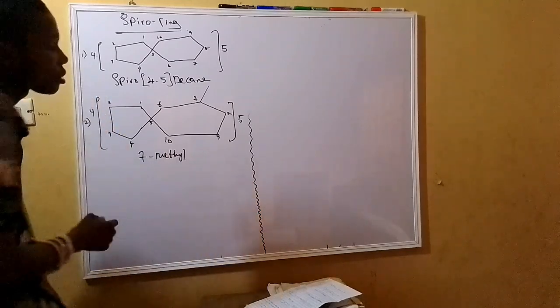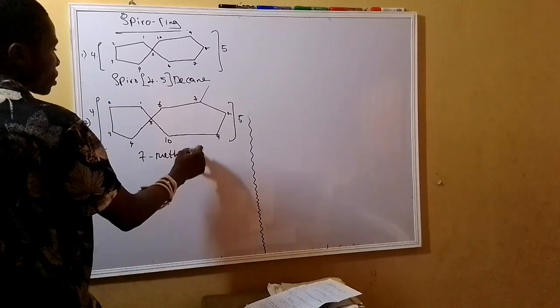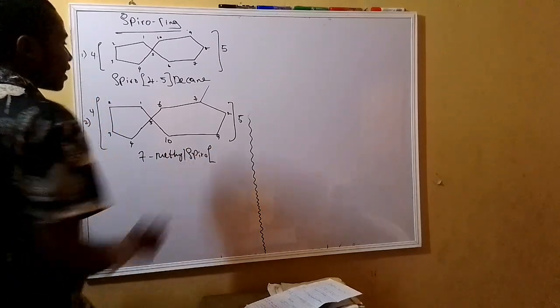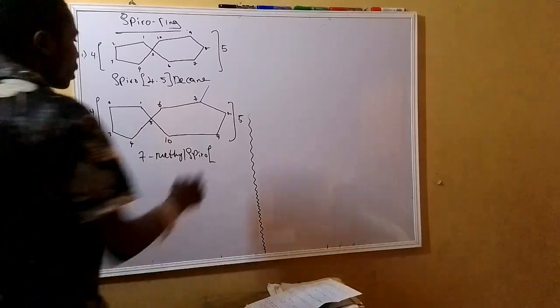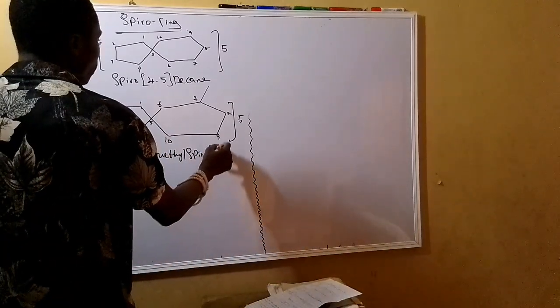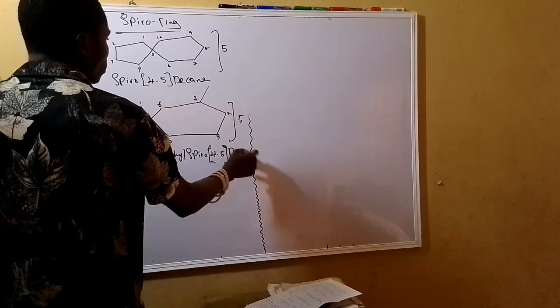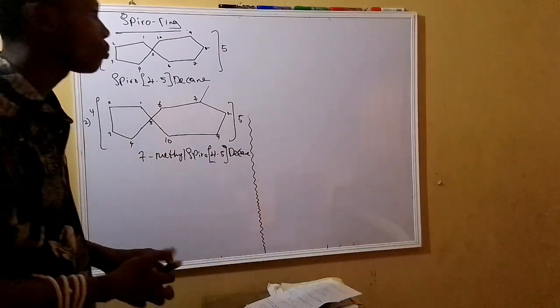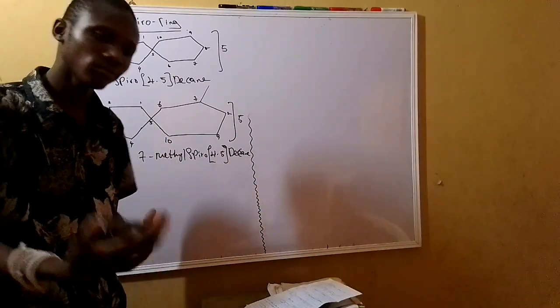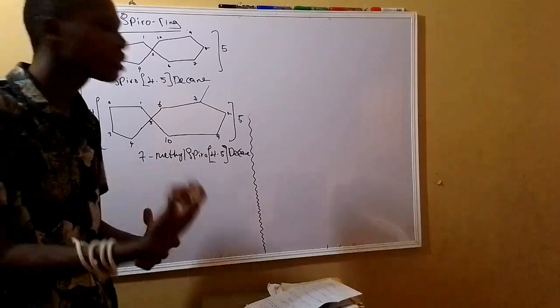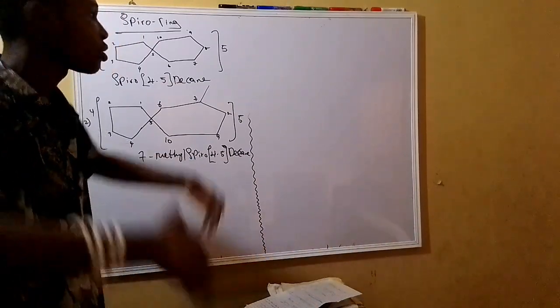Are we there, guys? And you have spiro, then from the lower to the higher, 4.5, then your decane.